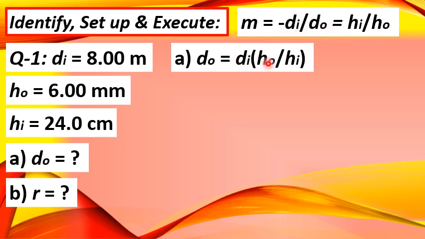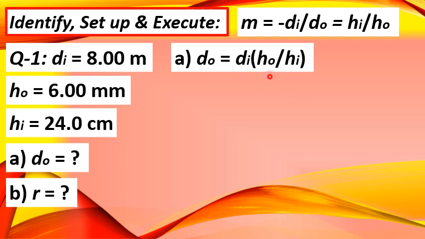So, in determining the object distance do, we disregard the sign here already. That means we are just interested in the magnitude of the object distance.